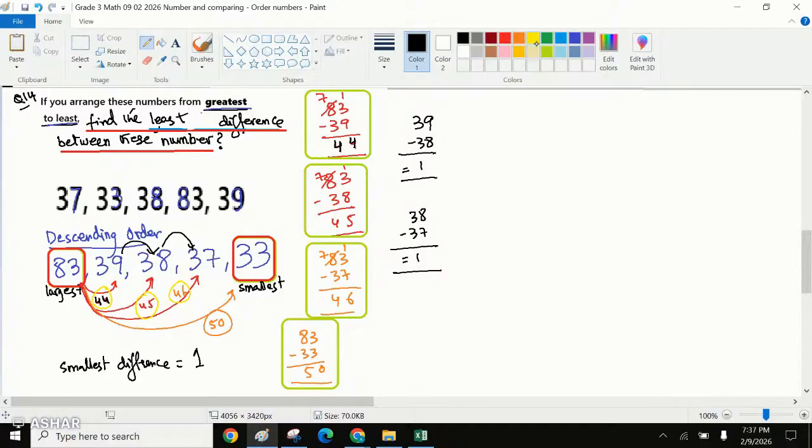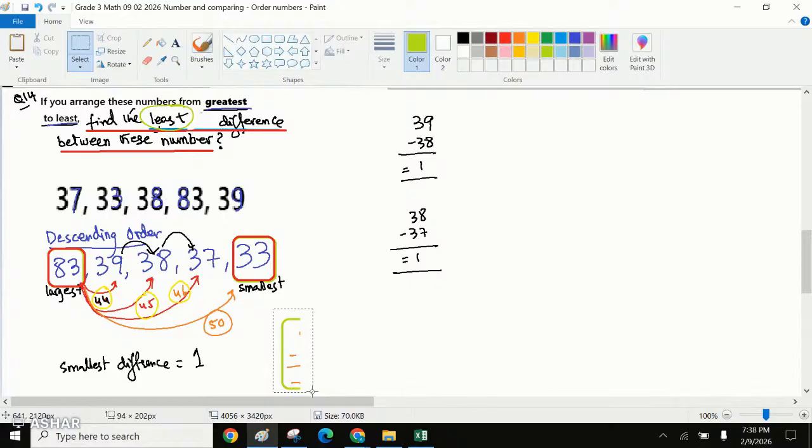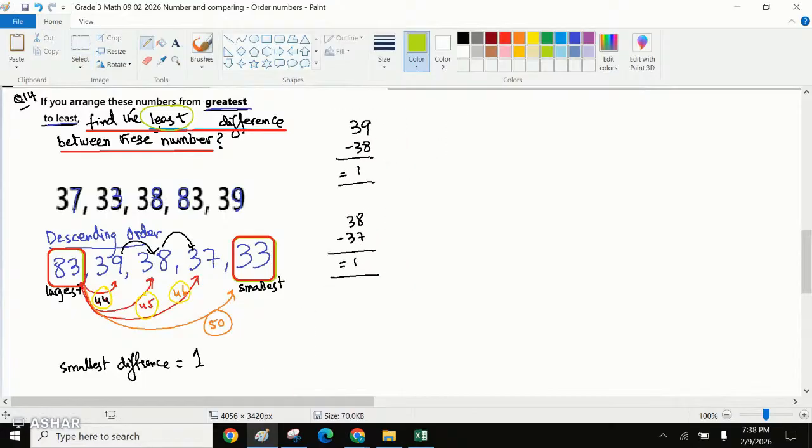Just by changing one word from least to greatest, or from greatest to least, the entire question will change. That means we do not have to do this working at all. We just need to compare the numbers and see which one has the least difference.